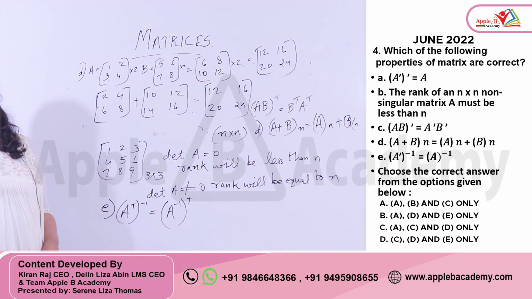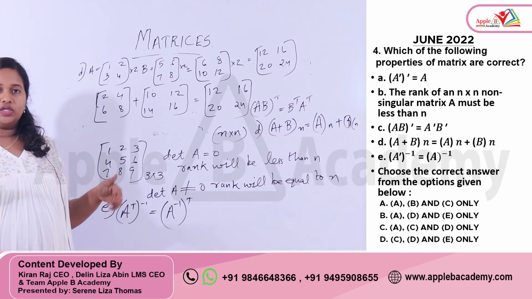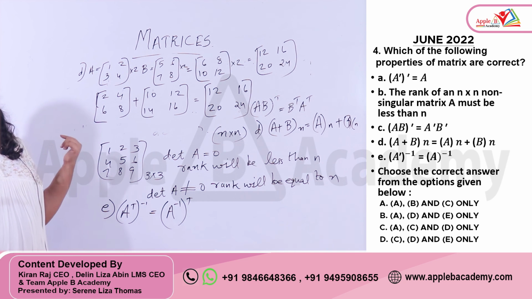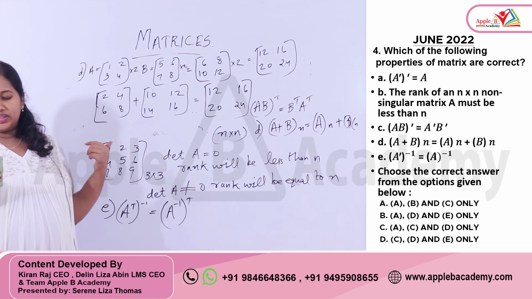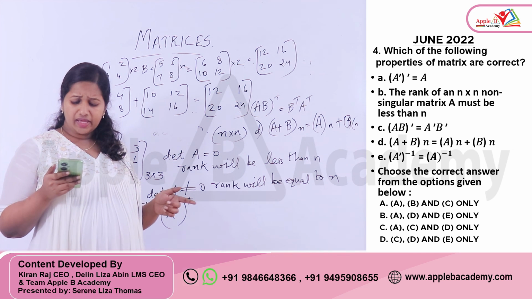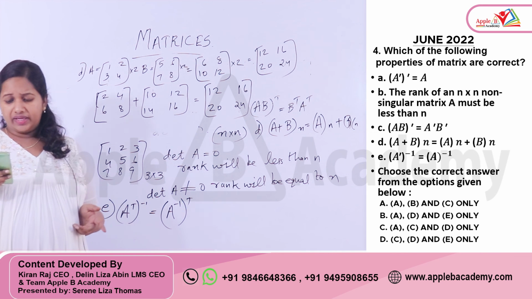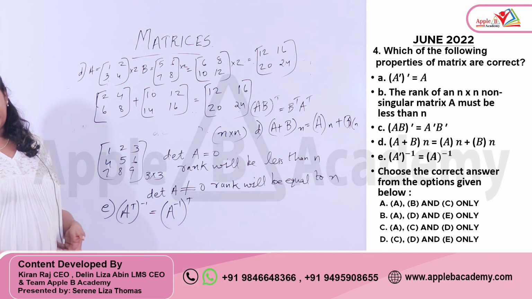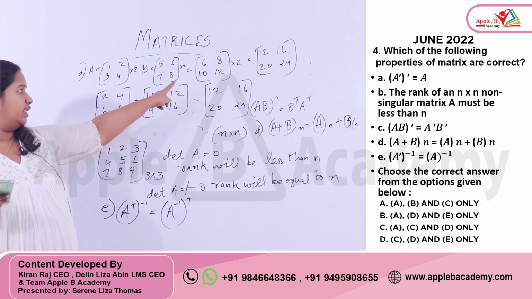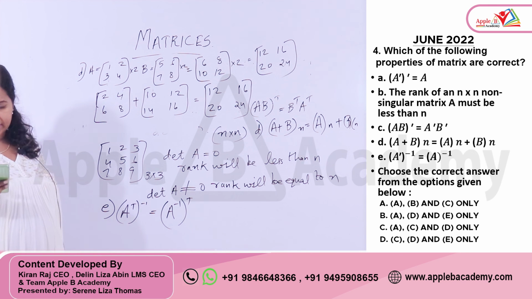Next statement, AB the whole transpose is equal to A transpose into B transpose. No. AB the whole transpose is equal to B transpose into A transpose. Now the next statement, A plus B into n is equal to A into n plus B into n. We have seen that. That is a correct statement.